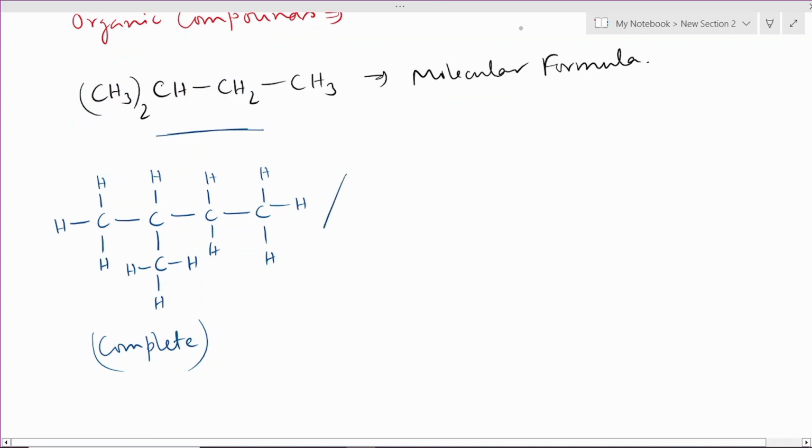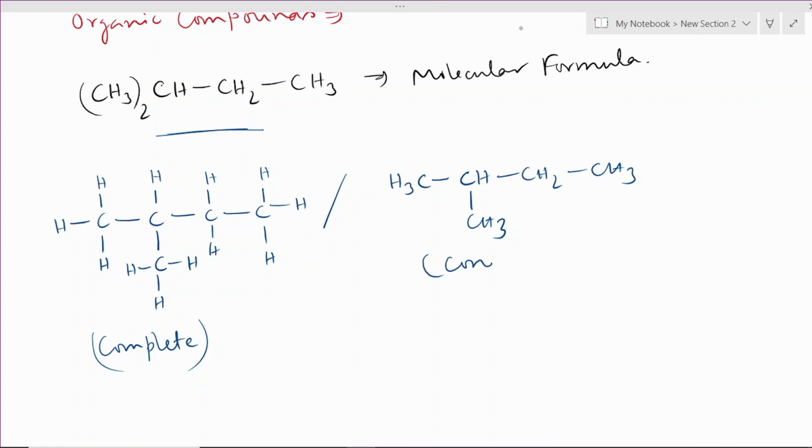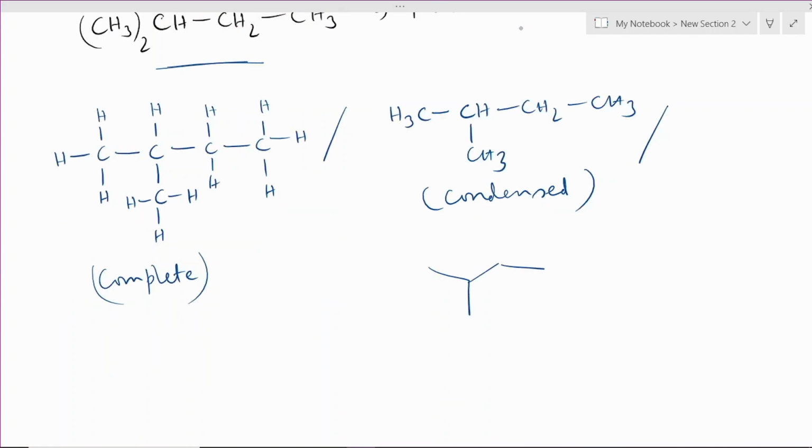This can be drawn another way by this. This is called the condensed structure, or this is called the bond line structure.